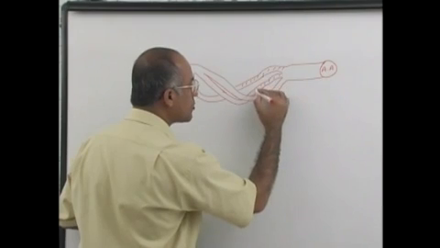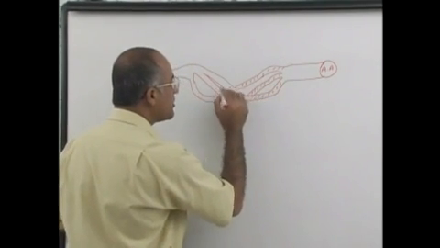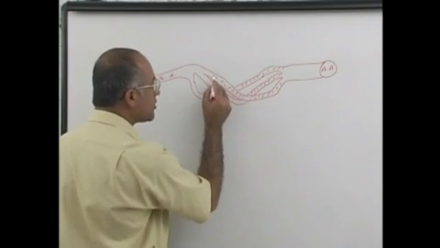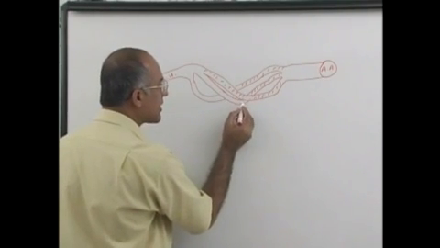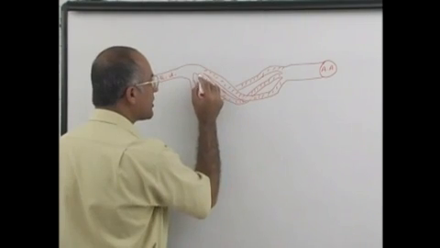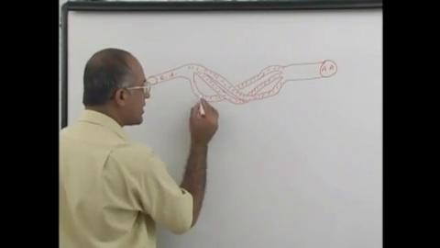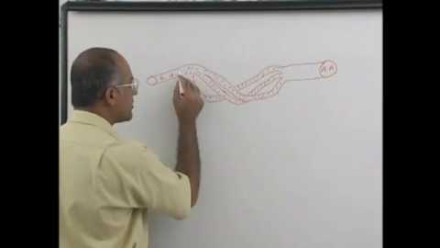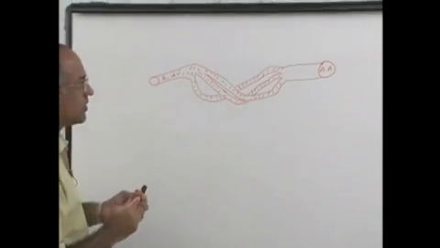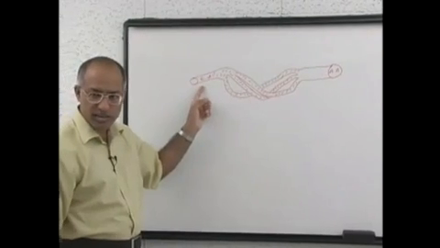These anastomosing channels of capillaries are called the glomerular capillary tuft. Again, this is the afferent arteriole, this is the efferent arteriole.